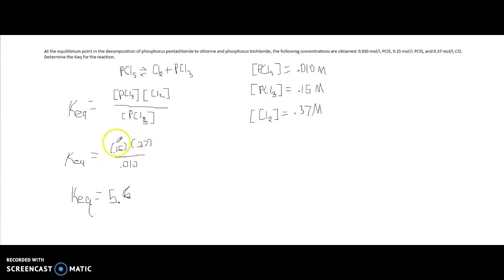So then we just plug in the numbers, 0.15 times 0.37 over 0.010, and then we plug that into our calculator, and we find out that KEQ equals 5.55. But since the fewest sig figs that we have are 2, it's 5.6.